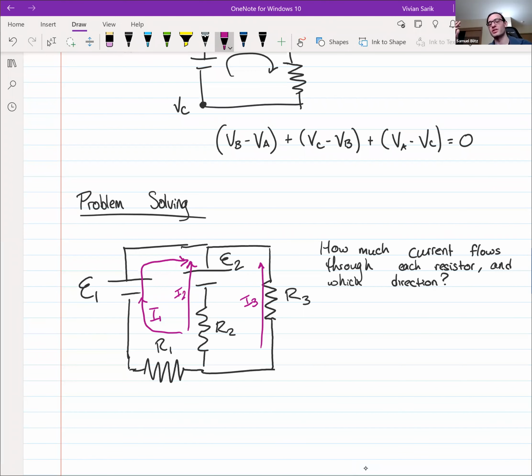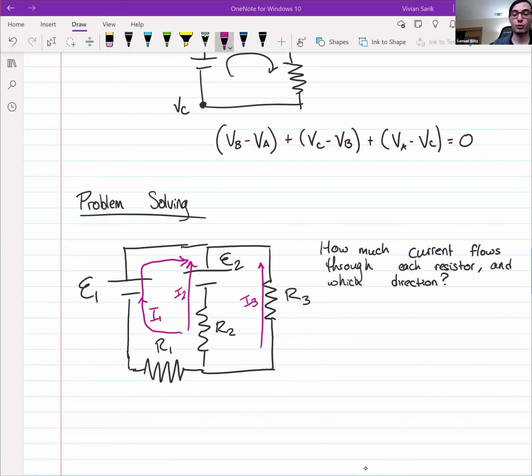They probably don't go in this direction. In fact, I2 and I3 certainly go downwards, and I2 might go downwards depending on which one has a larger EMF. But it doesn't matter, because regardless of what direction we choose, it'll work out at the end of the day. So let's just stick with this and see what happens.